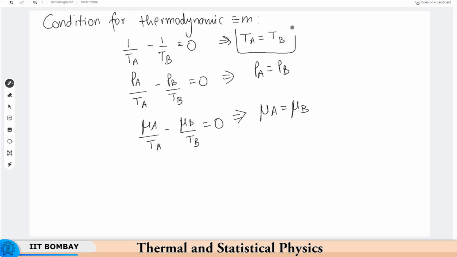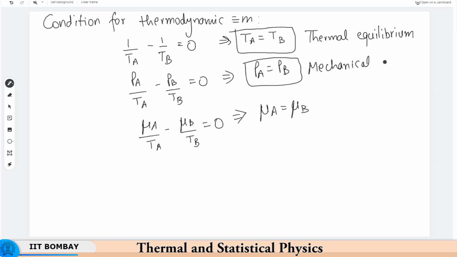And this equation, as we have already discussed, is known as the condition for thermal equilibrium. This is the condition for what is known as mechanical equilibrium, and this is the condition for diffusive equilibrium, all right.